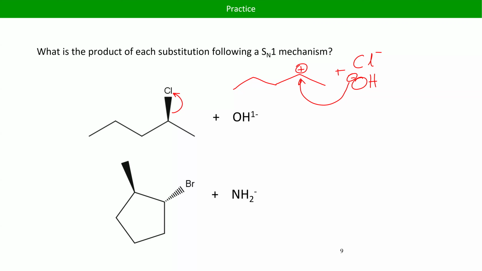When you draw the intermediate, think, is there a rearrangement that can happen to make things more stable? The answer is no in this case. Except for that oxygen thing, we wouldn't consider that a rearrangement, that's a nucleophile attack. It does make it more stable, but rearrangement very specifically means within the same molecule.